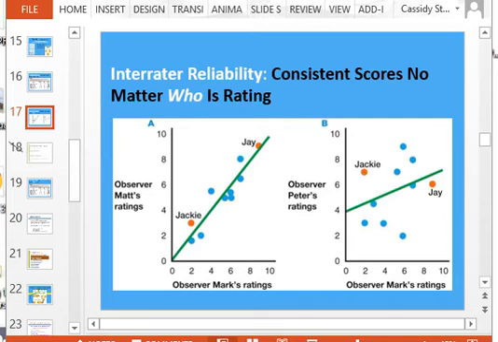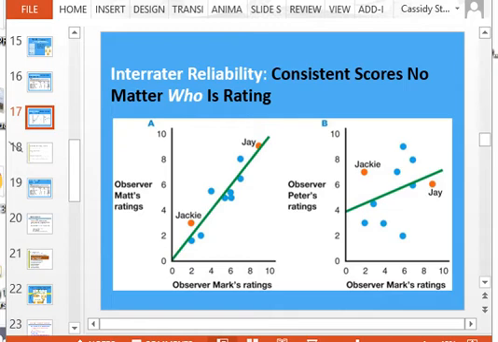So let's say we are measuring the happiness or well-being or sociability of kindergartners, and we don't want just one rater because people can be kind of biased.